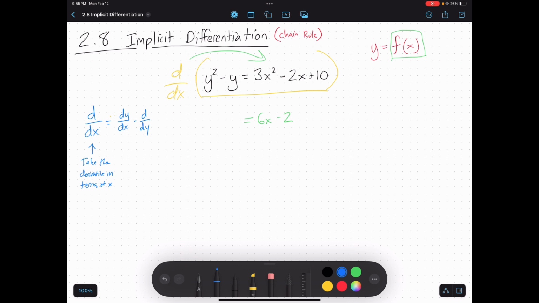I have a dy in the numerator and a dy in the denominator that if I cancel those out, I'm just left with d over dx. So, by just multiplying, doesn't that look familiar? We've seen something like this with chain rule, right? So, by multiplying by dy over dx, I can now take the derivative in terms of y.